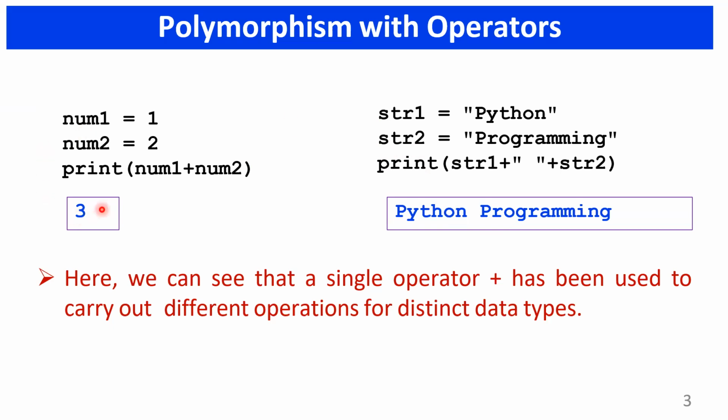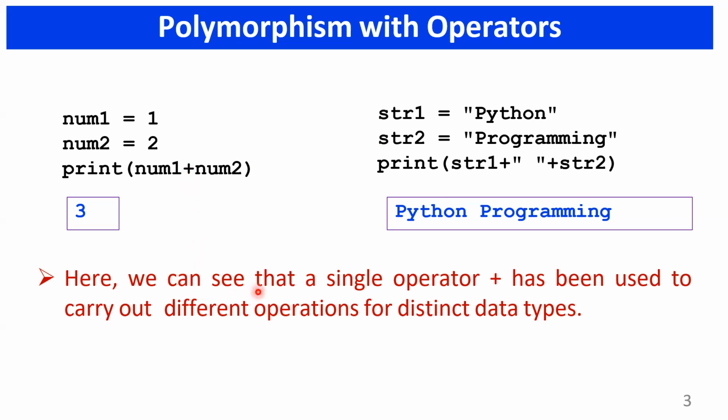So in the first example, it is performing arithmetic addition, which is used by the plus operator. And in this case, where there are strings, it is performing the concatenation operation. So depending on the type of the operands, the meaning of the operator is being changed.